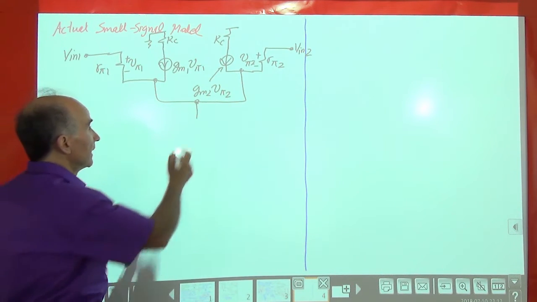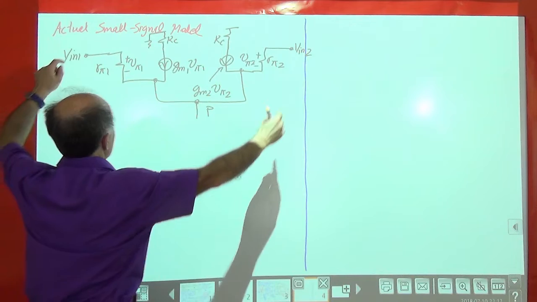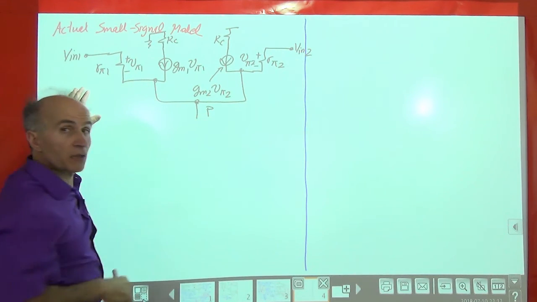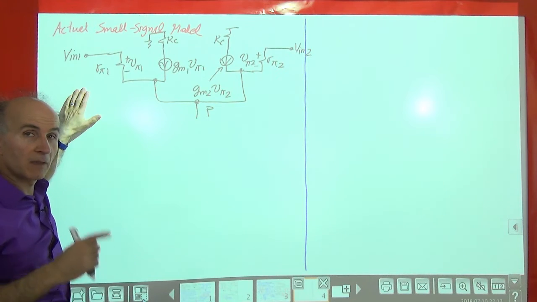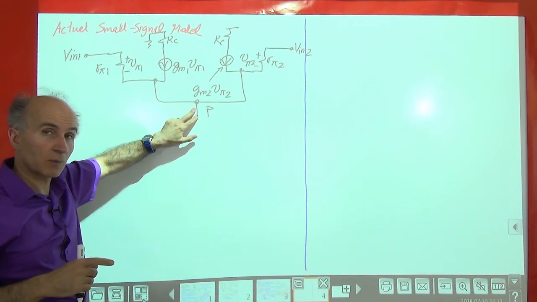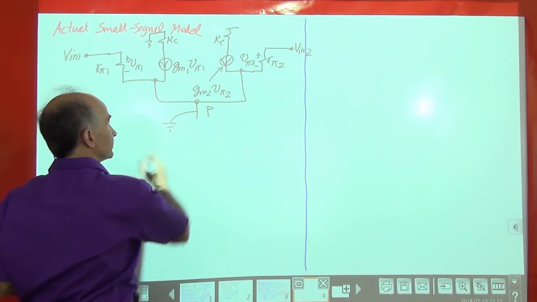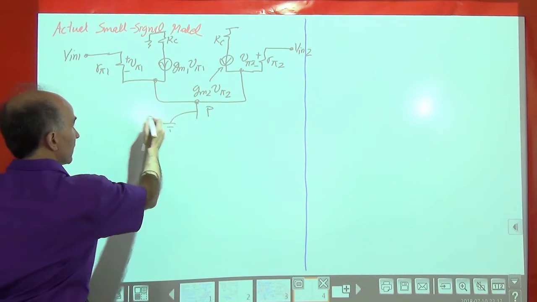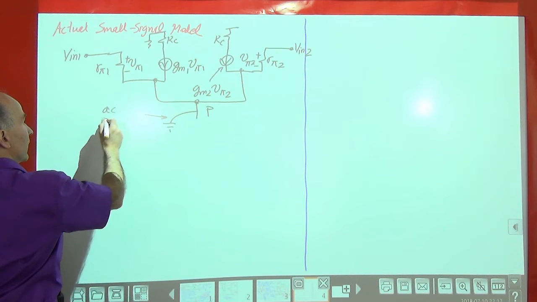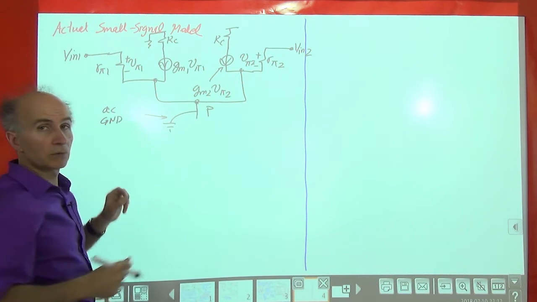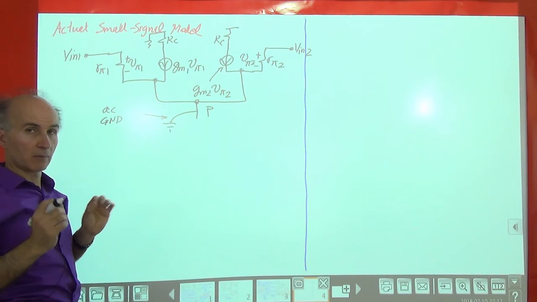Remember we said that as long as these two are small and differential, this node voltage does not change with time. If the voltage at this node does not change with time, it's AC ground. So I'm going to ground it. This is because it's an AC ground, and that's because V in 1 and V in 2 are differential voltages and small.